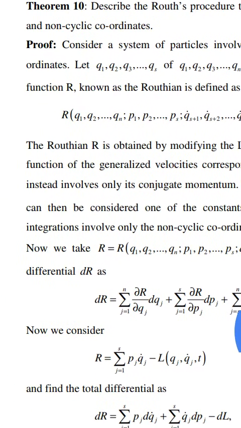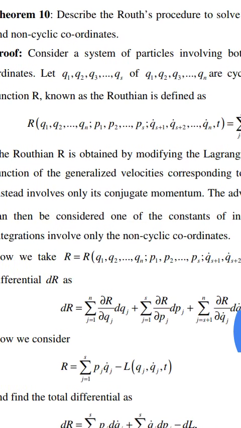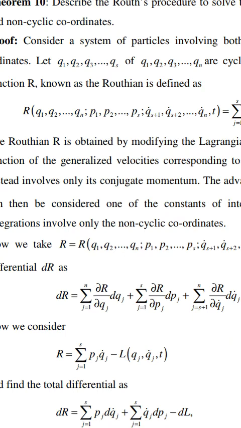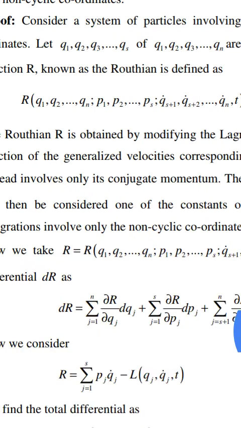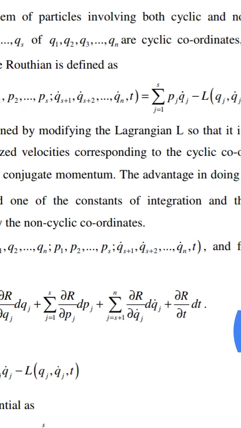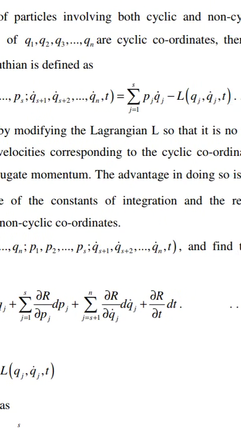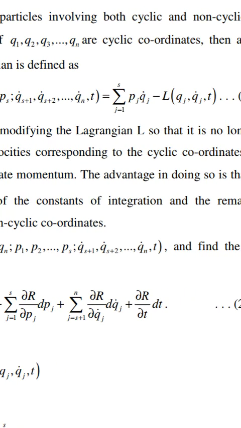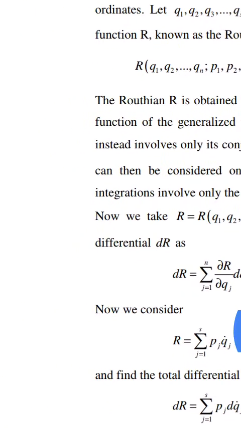Then a new function R, known as the Routhian, is defined as R(q1, q2, ..., qn, p1, p2, ..., ps, qs+1, qs+2, ..., qn, t) equal to the summation of pj qj dot minus L, for j equal to 1 to s.